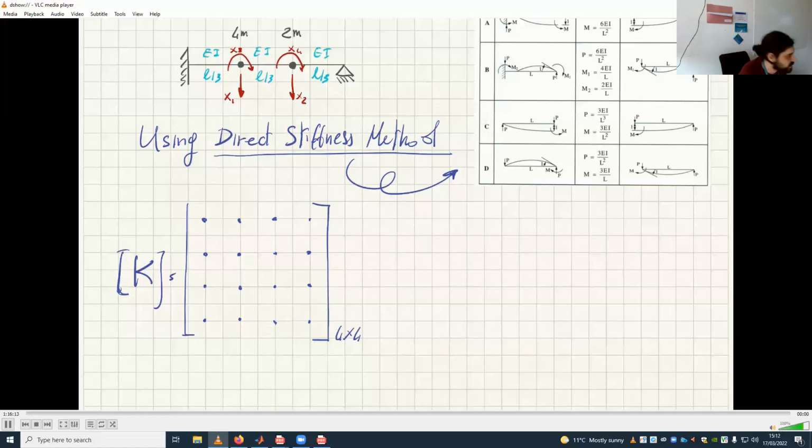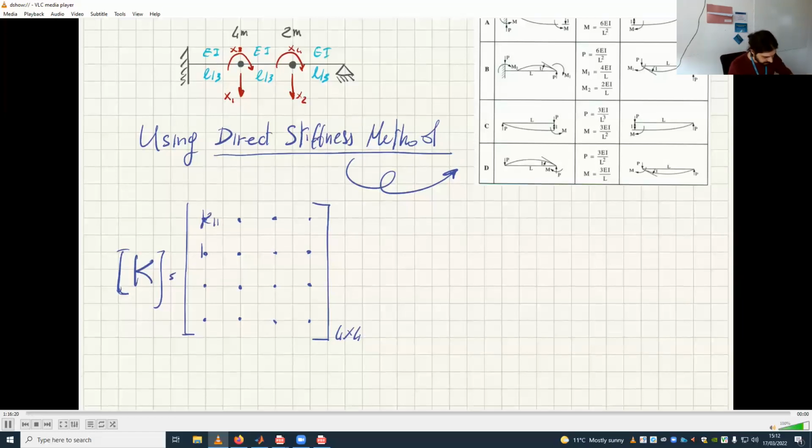This is my blank stiffness matrix. I have no idea what these entries are yet, but I can call them K11, K21, K31, K41, and so on. We know how to label them.